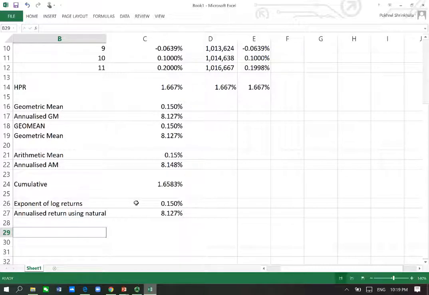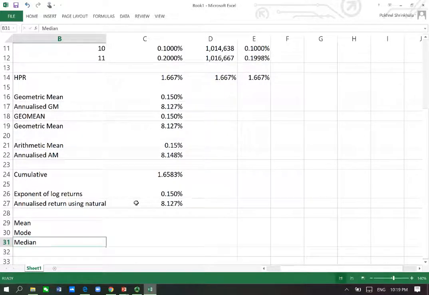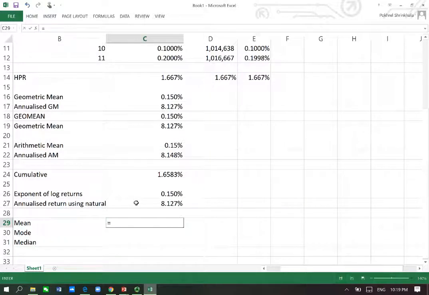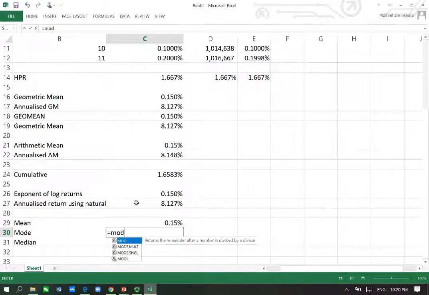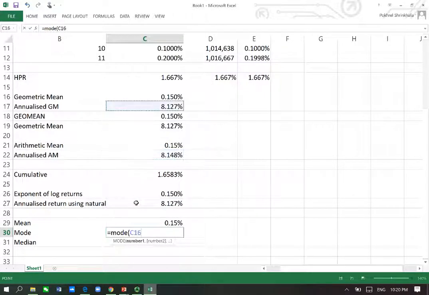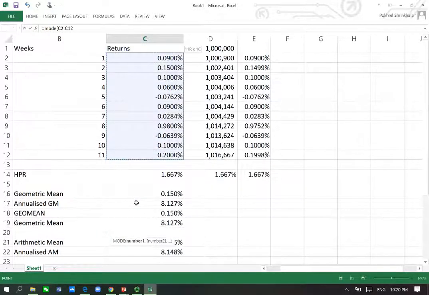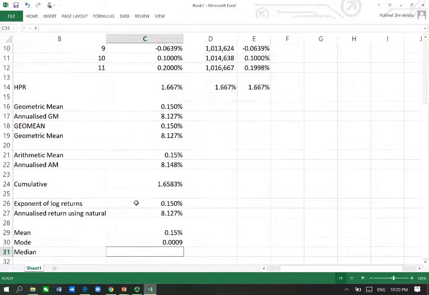Okay, so thank you for watching, and maybe very quickly I can also talk about others such as mean, median and mode here, which is very simple. In fact, mean we've already found, which is the arithmetic average, so I can simply take arithmetic mean, and for the mode I can click equal mode, and therefore I can take these returns, and that's it.